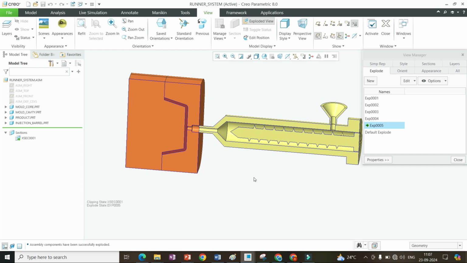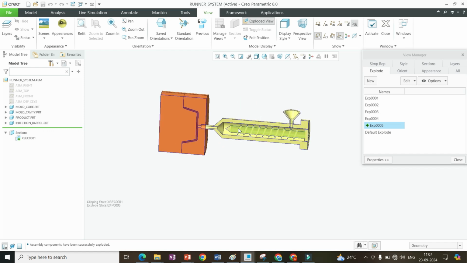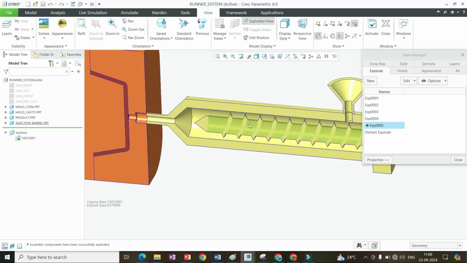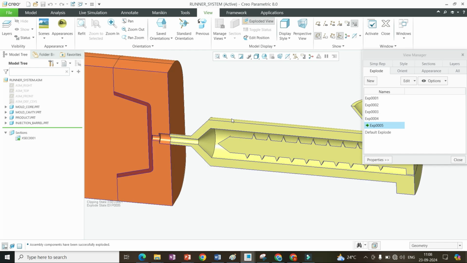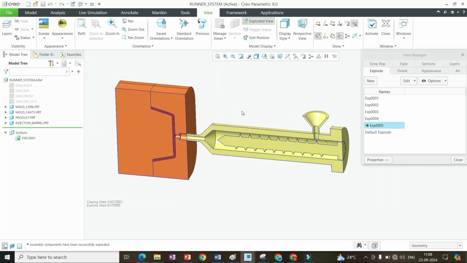I hope you understood this injection molding, and it will help your knowledge with this CAD. I tried this CAD software so that I can explain injection molding to you.